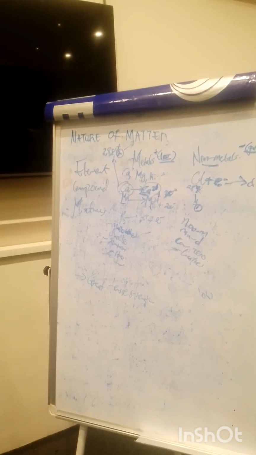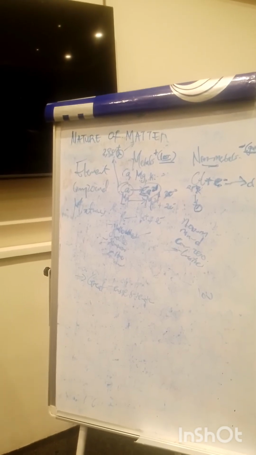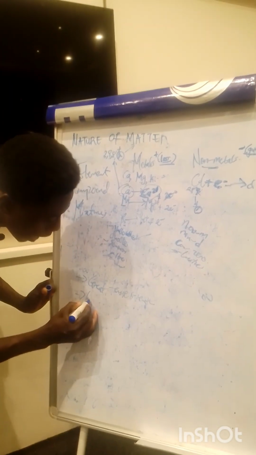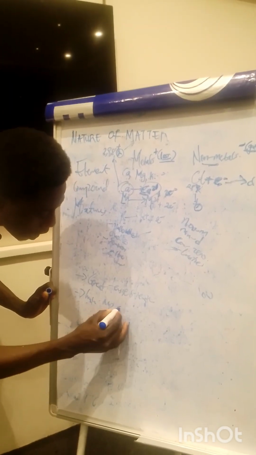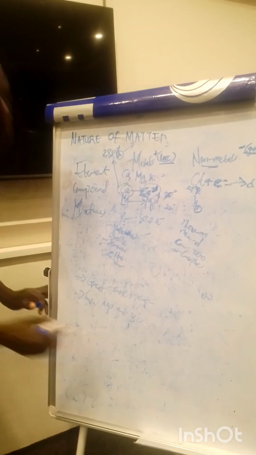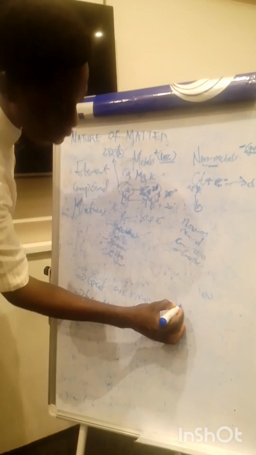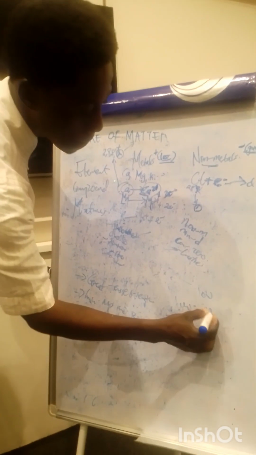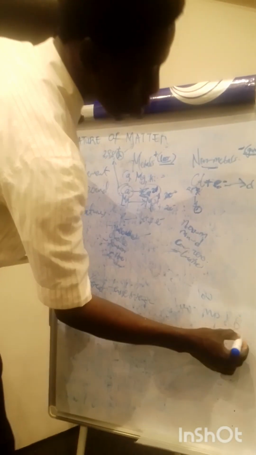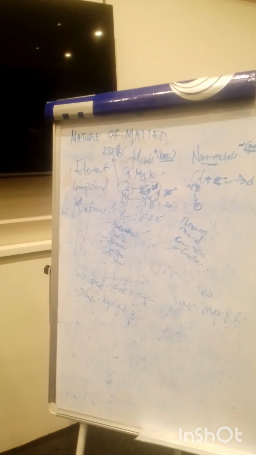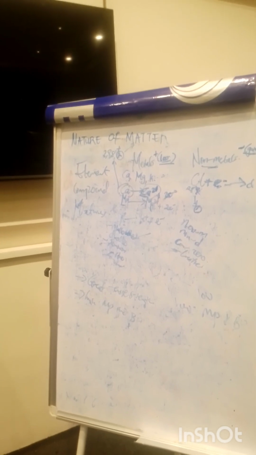Then metals will have high melting and boiling points, high MP and BP. While non-metals will have low melting points and boiling points. Are you with me? Low melting points and boiling points.